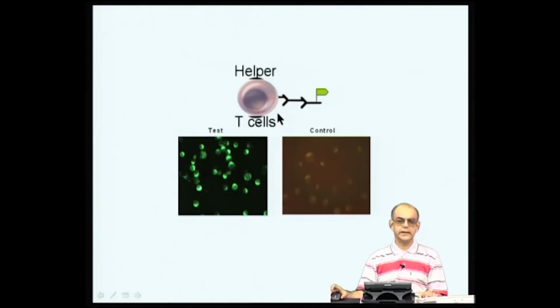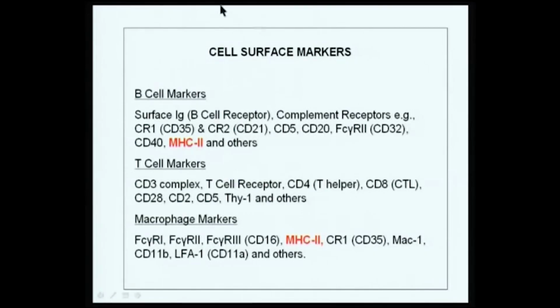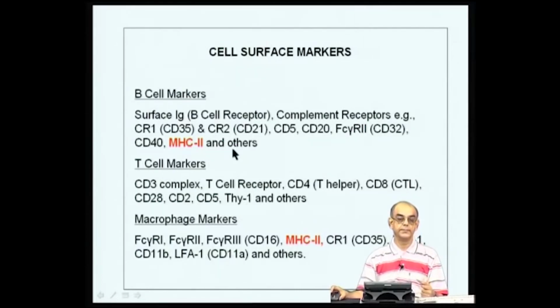Using these techniques, cell surface molecules have been characterized as being present on B cells, T cells, macrophages, and also several other cell-type-specific markers on other kinds of cells, which we will not be going into in the immunology classes.